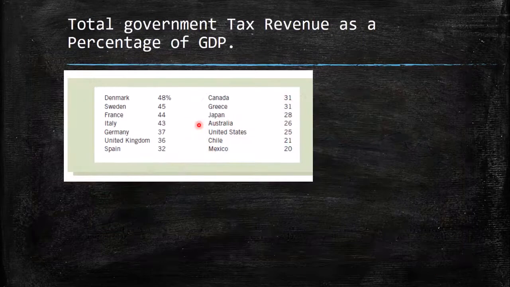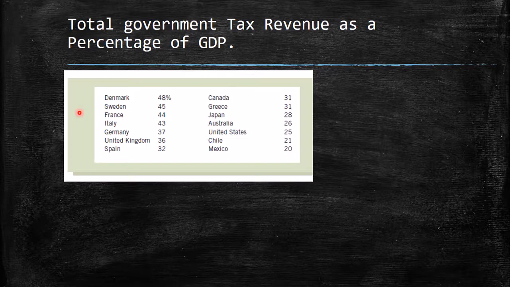Now in the next table we have a really interesting view of tax revenue as a percentage of GDP in different nations around the world. At least in this table, the two with the highest burden are Denmark and Sweden, with more than 45%. I don't know if they are the countries with the highest burden in general, but in our table they are. They are really developed countries with high standards of quality of life.